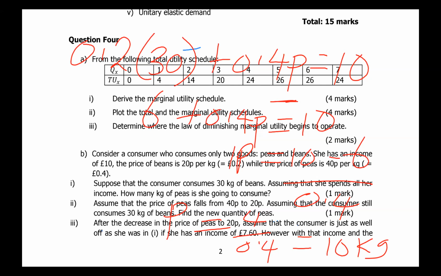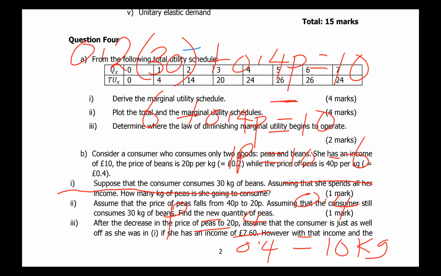And so, anyone else? Good evening, sir. Good evening, madam. Where did we get the 30 from? The 30 is given in the question, madam. They're saying, suppose the consumer consumes 30 kgs of beans, meaning that's the quantity of beans, right?